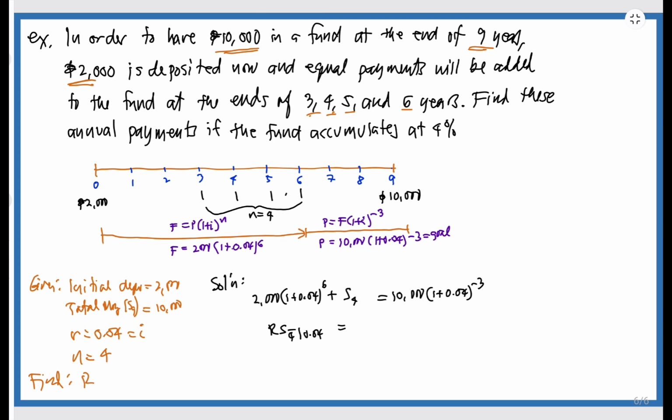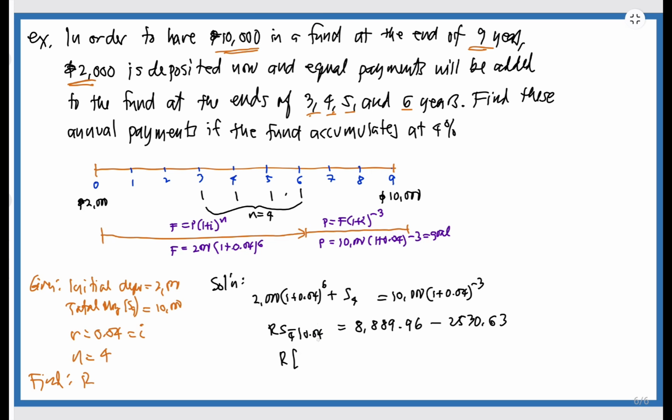Let's use our calculator. It's 8, 8, 8, 9.96 minus this thing here, which is equal to, how much is it? 2530.63.